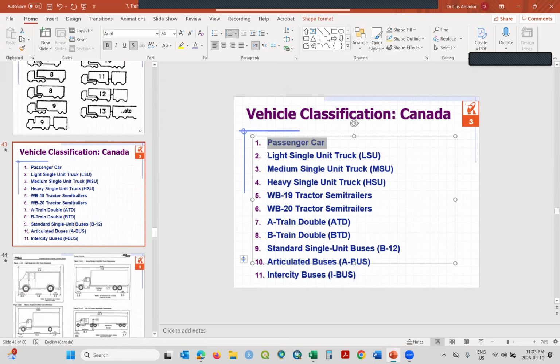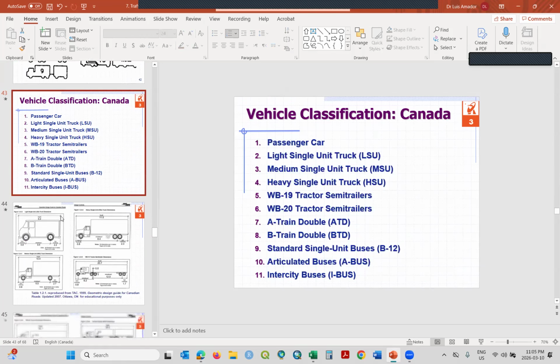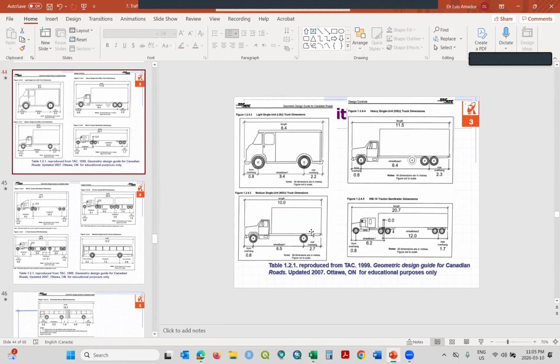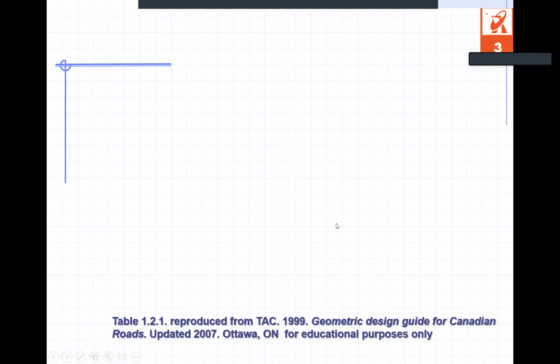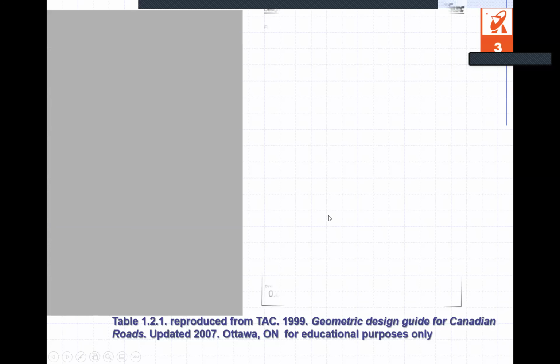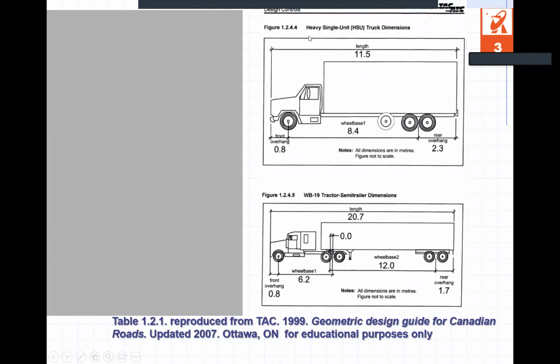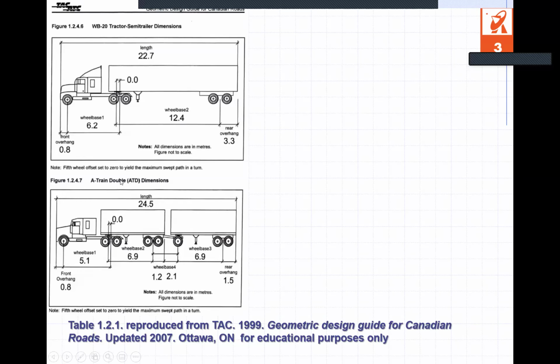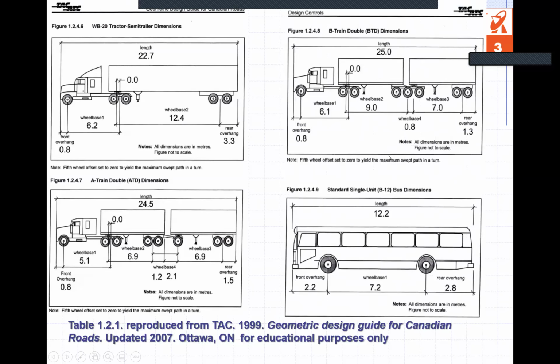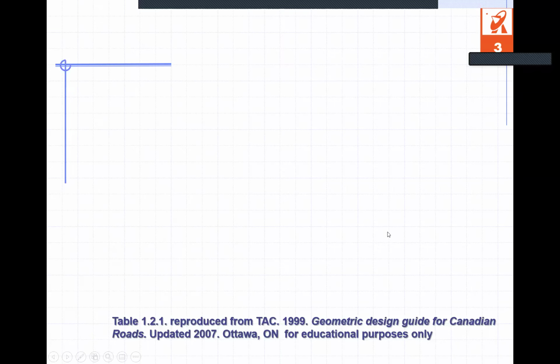We will ignore them, and we will care about the trucks and the buses. And of course, there's further characterization in Canada. So depending on the type of vehicle, there will be names like WB19 or heavy single unit, but you will know what type of axles they have. Okay, so this is the A train, the WB20, the B train, or your buses.